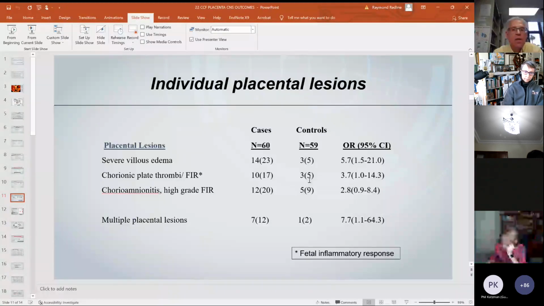The thrombi were borderline significant, the high-grade fetal inflammatory response not quite reaching significance. Many studies with a variety of adverse outcomes have found that multiple placental lesions affecting different placental compartments are a very strong predictor of neurologic injury and other types of altered fetal physiology. And we found that as well. That actually had the highest odds ratio for CNS injury.